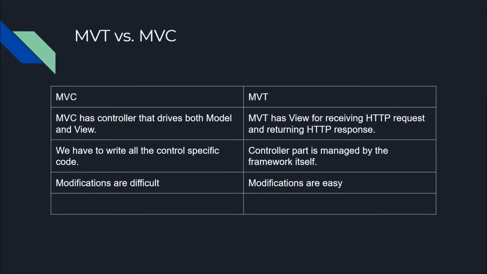All these activities are handled by the framework itself. The only thing that you have to do is to tell the framework what data should be presented to the user. The framework will then create a view based on the data and send it to the user.